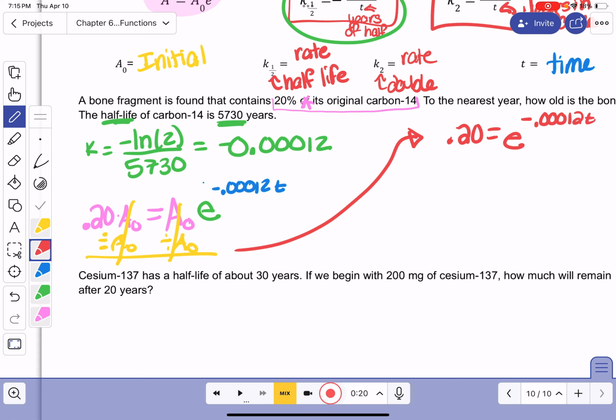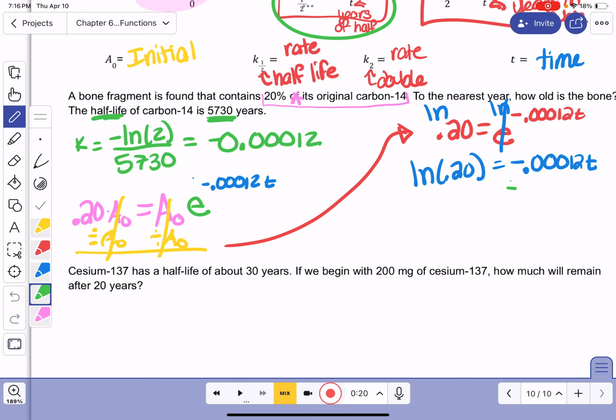To get rid of the E, we're going to take the ln of both sides. So if I take the ln of this side, we get ln of 0.20. And then if I take the ln of this side, it cancels, and we're left with negative 0.00012t.